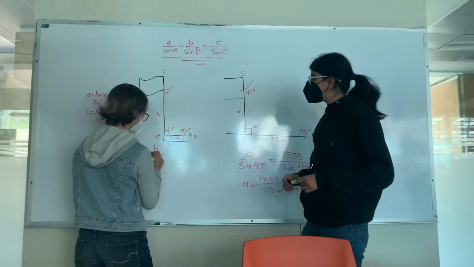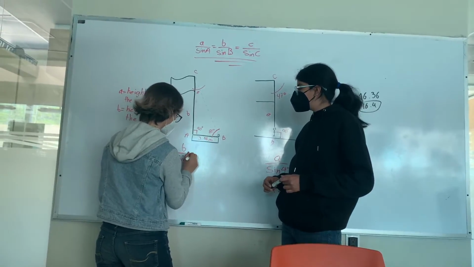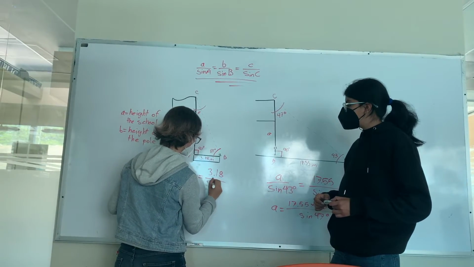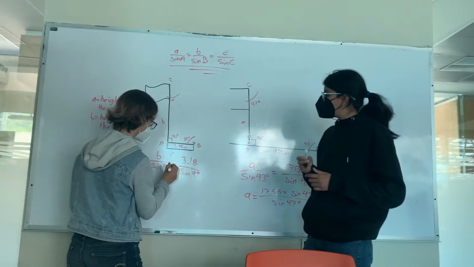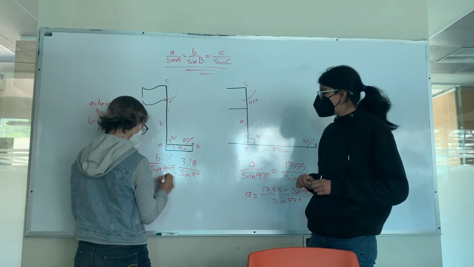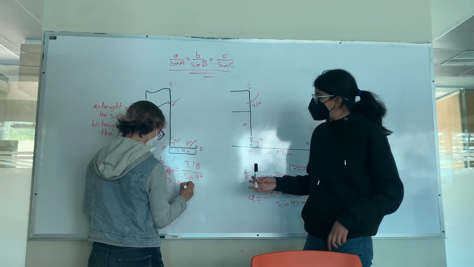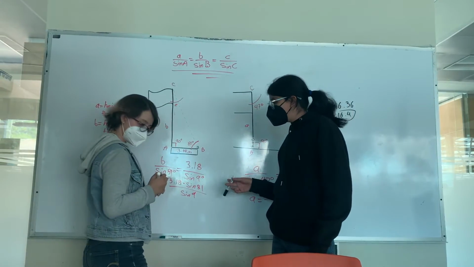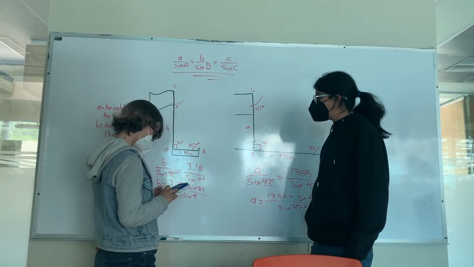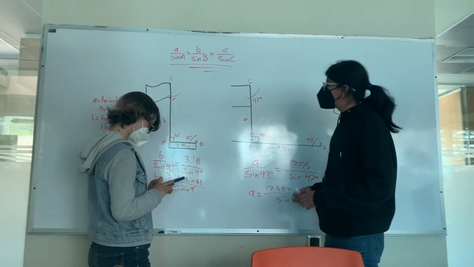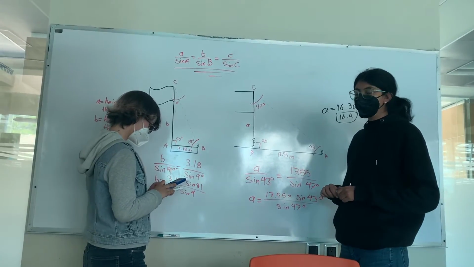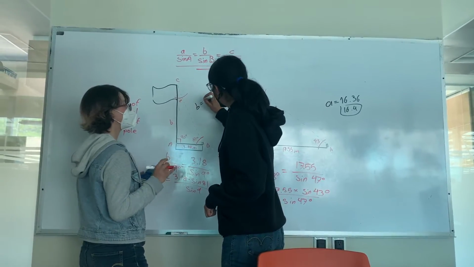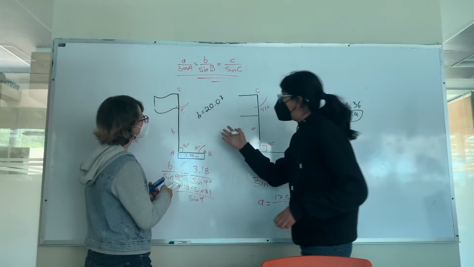So B is equal to 3.18 multiplied by sin of 81 divided by sin of 9. This equals 20.80, no, 20.07.